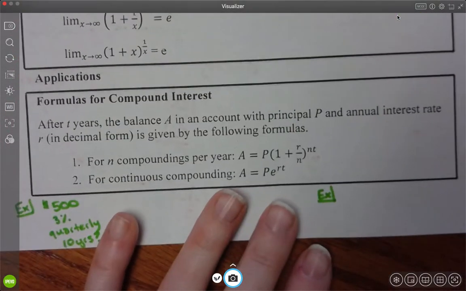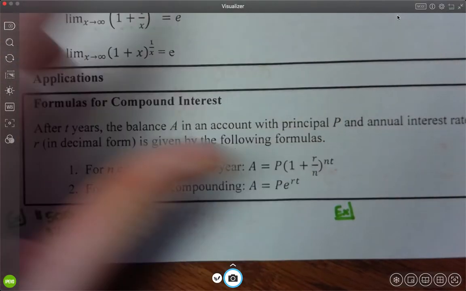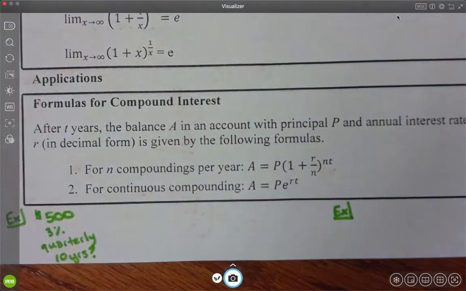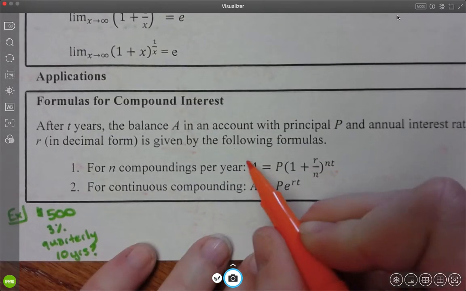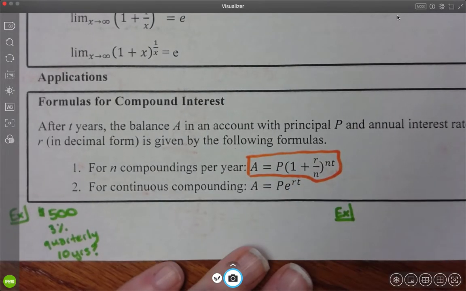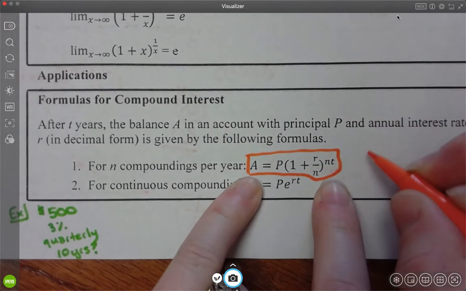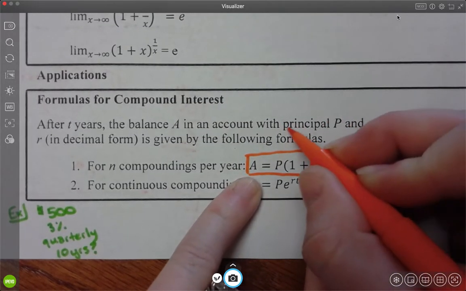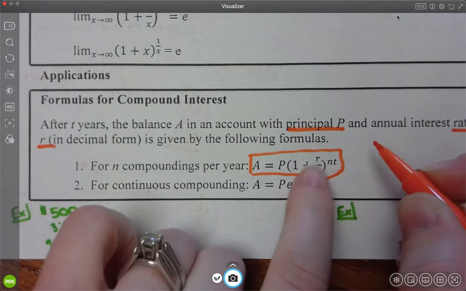All right, I'm going to go down to this bottom right here and do an example for compound interest, and then I'll talk about what e means, okay? When you're doing compound interest, like a bank does, except a computer does it for them, the compound interest formula is this, where P is your principal, and your interest rate is going to be r, that's right here.